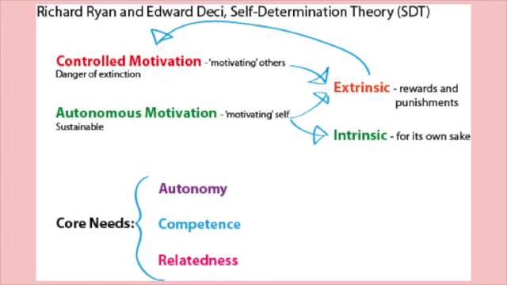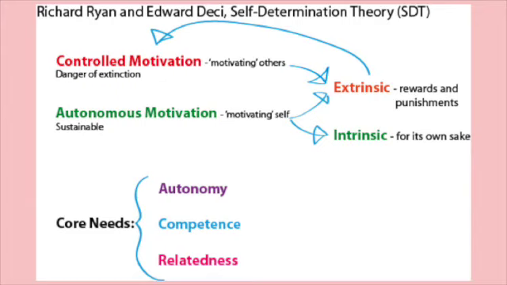Controlled motivation can only be extrinsic, because controlled motivation works through rewards and punishments, even if these are quite subtle. For example, things like praise or fear of shame or fear of people thinking you're weird. All of these are extrinsic rewards and punishments, and this can be used to control somebody else's motivation, to get them to do something that they wouldn't otherwise do.